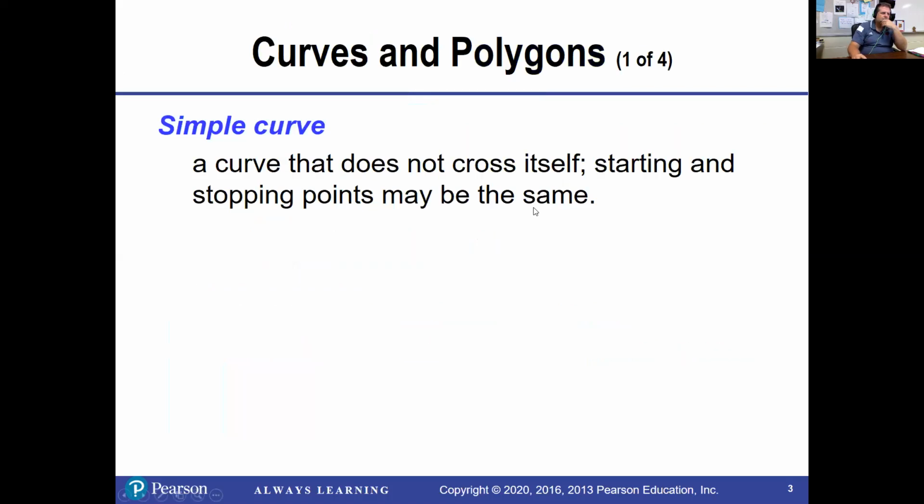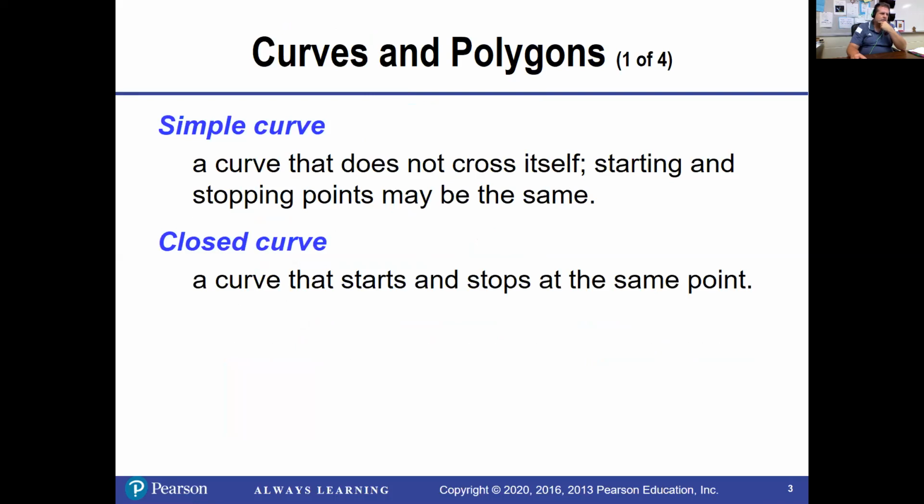So we have what's a simple curve: a curve that does not cross itself. It has a starting and a stopping point, and it may actually end up being the same place. What is a closed curve? A curve that starts and stops in the same place.